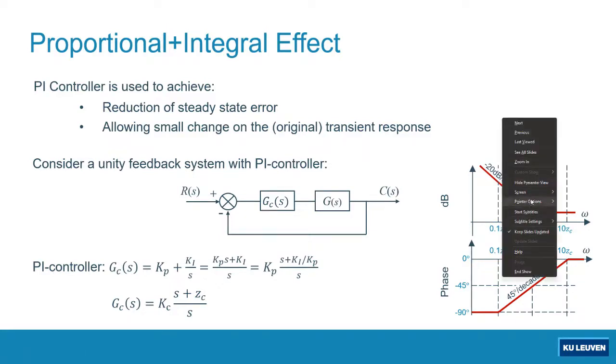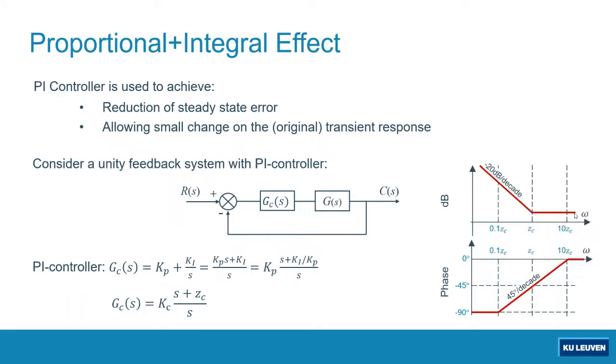From the structure, a PI controller is not so much different than a P controller, than a proportional controller. So in here, G(s) is the system that you want to control, and Gc is the PI controller.